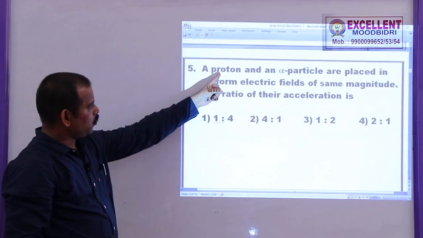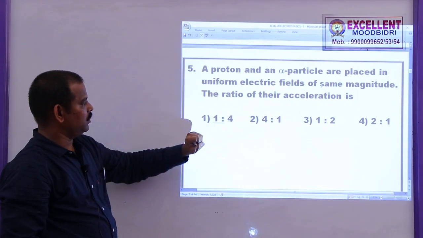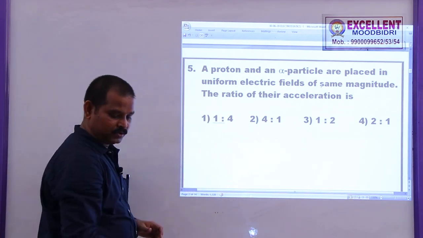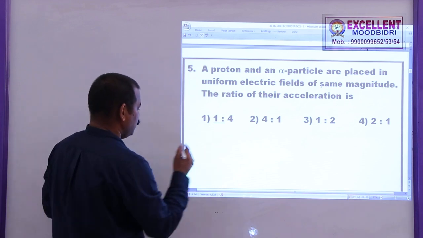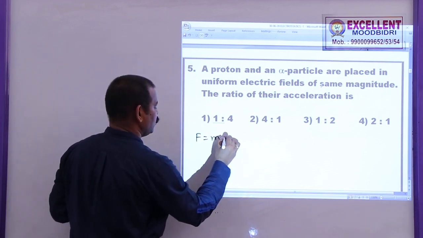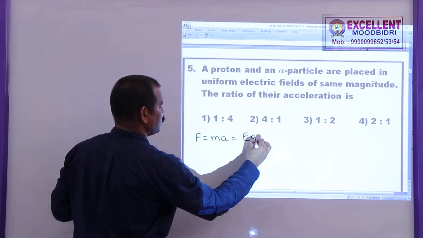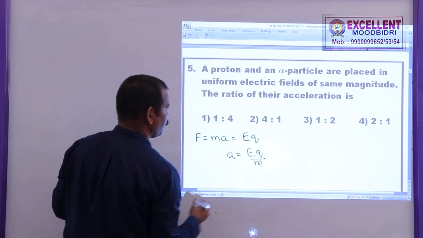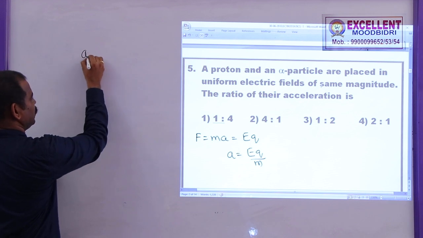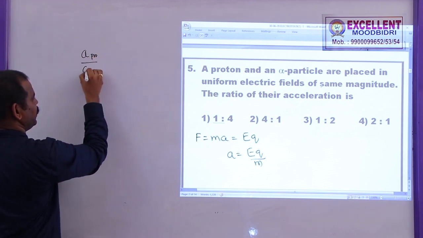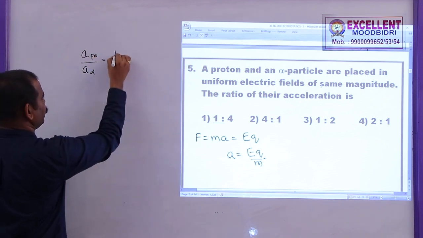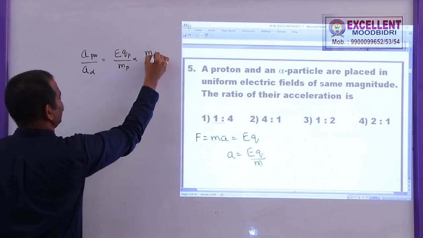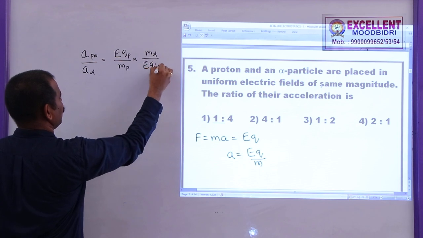Fifth one, proton and alpha placed in a uniform electric field, ratio of acceleration. We know that F is equal to ma, and that is also equal to qE. The acceleration is given by qE by m. Ratio of acceleration of proton to alpha particle is given by qE of proton by mass of proton, and mass of alpha by qE of alpha.